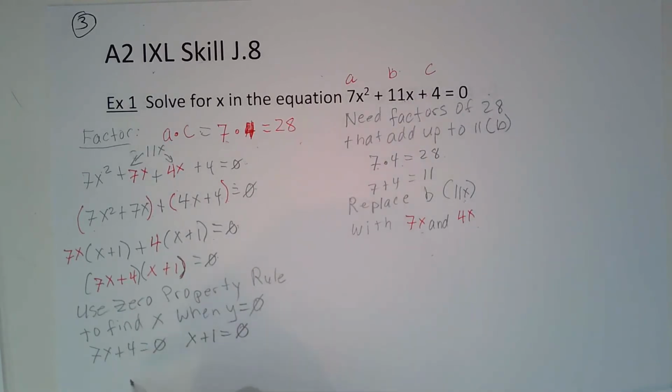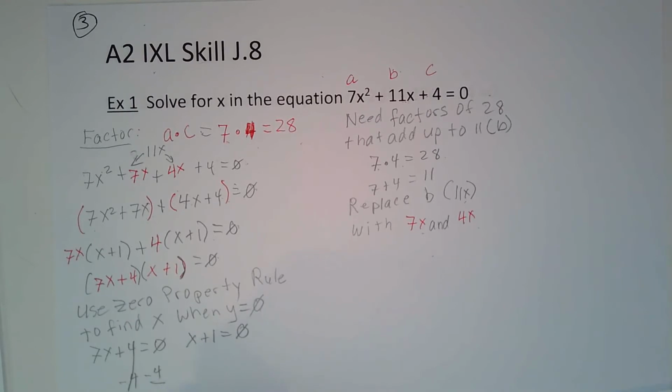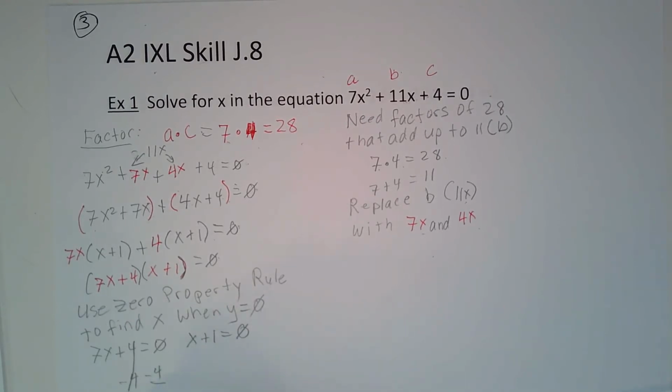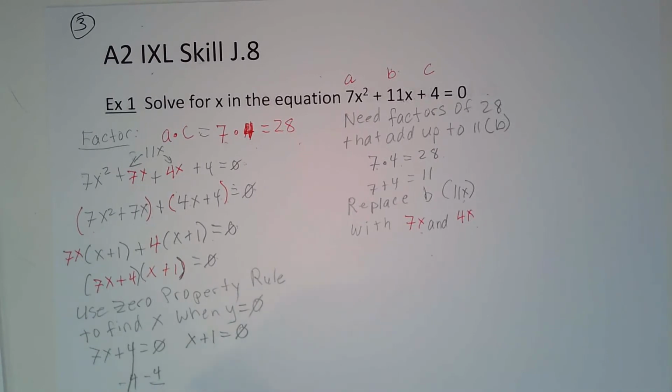So now I'm going to undo. I'm going to subtract 4 from both sides from 7x plus 4. And the 4 and the negative 4 cancel, and I get 7x equals negative 4. Then I divide by 7 on both sides. And that 7 divided by 7 becomes 1. 1 times x is x.